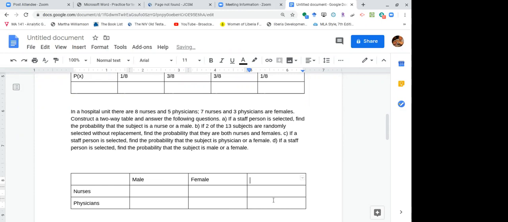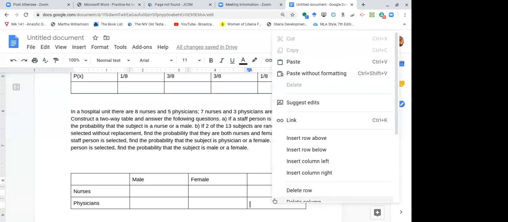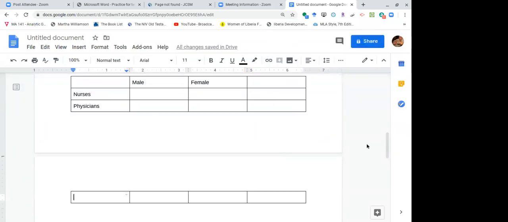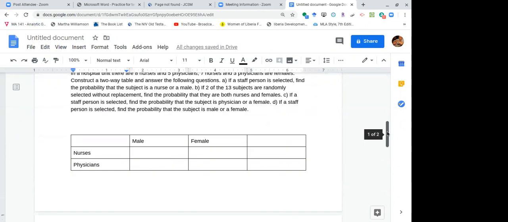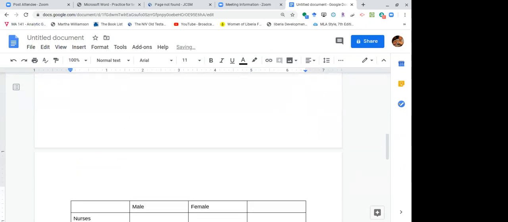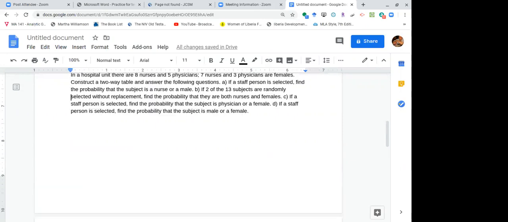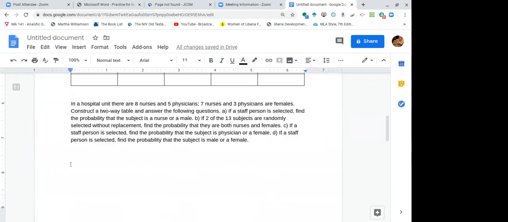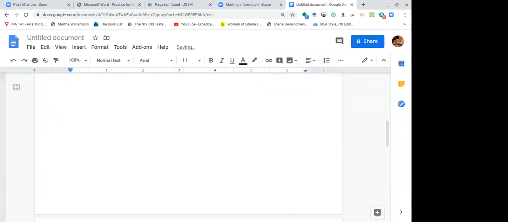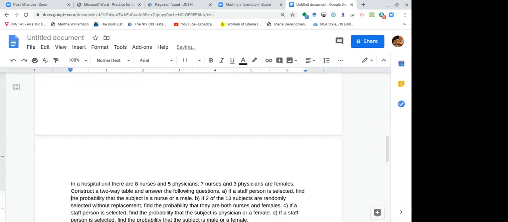Okay, and I need a row down here. Insert row below. I'm going to have to move that down now, because I'm going to add the whole problem in here. Let me just move all of this. I could have put a page break, but oh well.